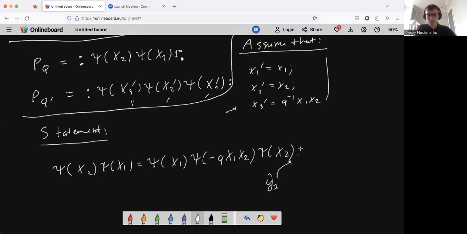Since it acts on identity, this is understood as acting on identity and computing normal order, so this does not change anything. By this tiny modification by hand, you don't change the result, but you make x2 equal to x2 prime. So now we indeed see that this is the pentagon.